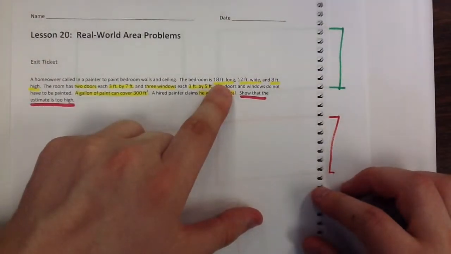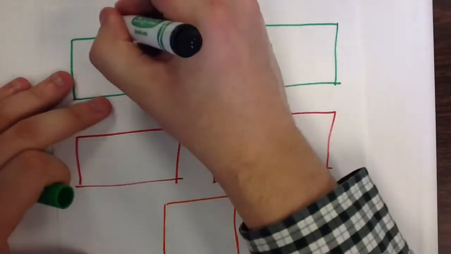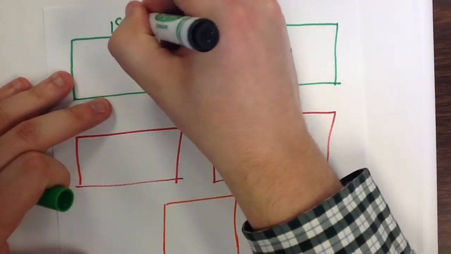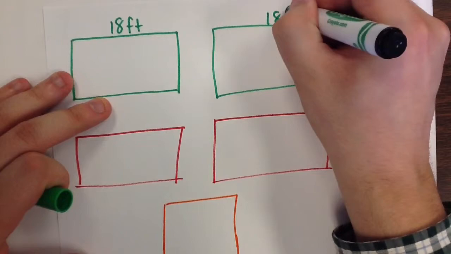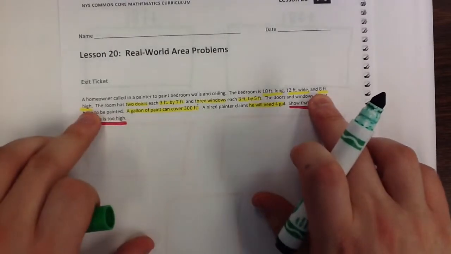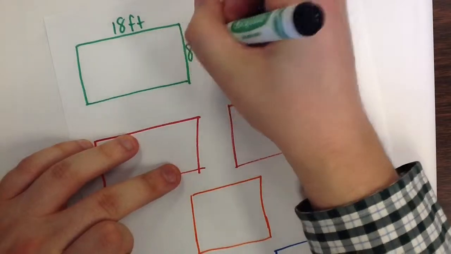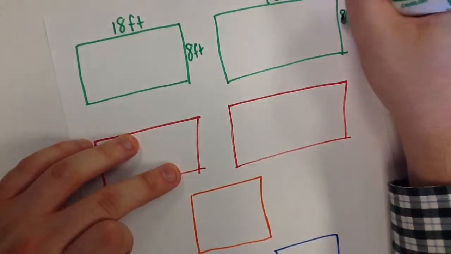The bedroom is 18 feet long, so 2 of the walls are 18 feet long, and all the walls are 8 feet high.